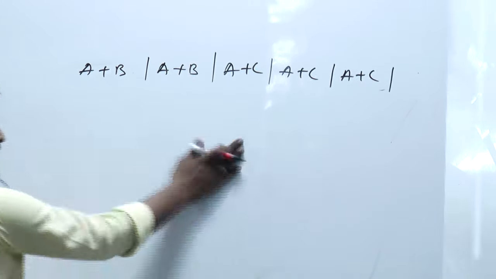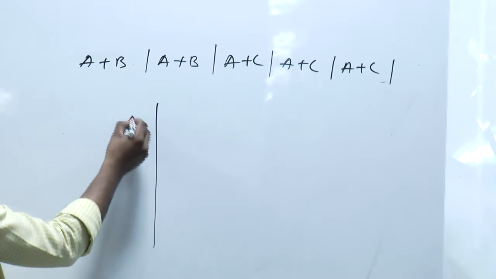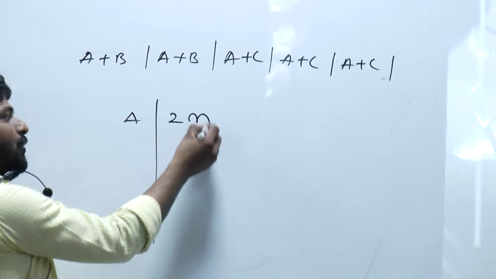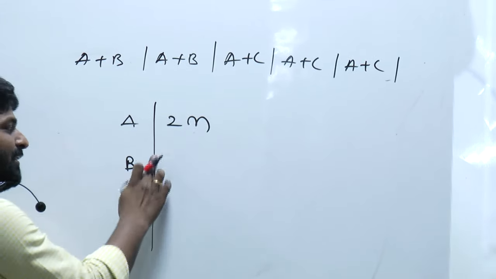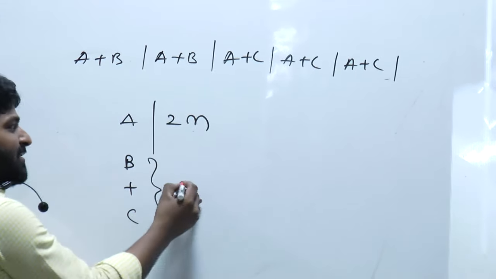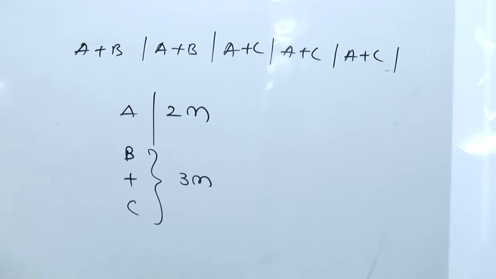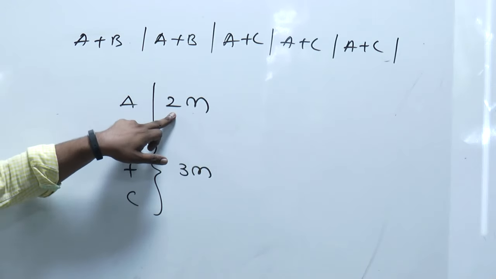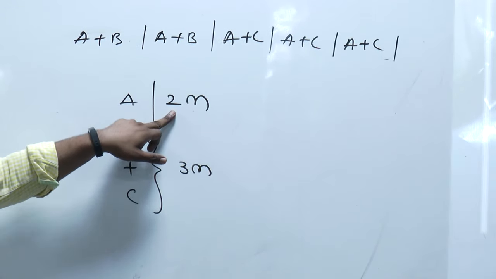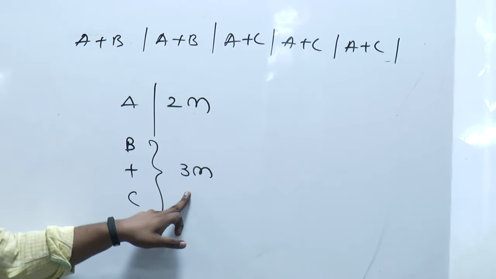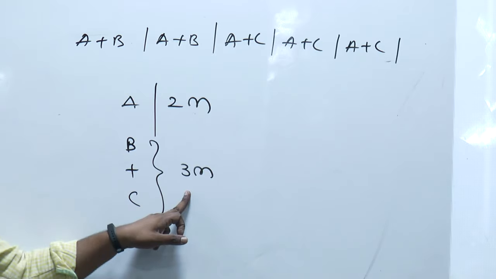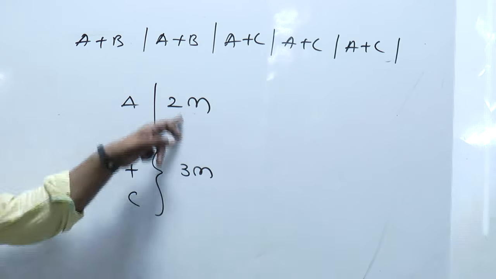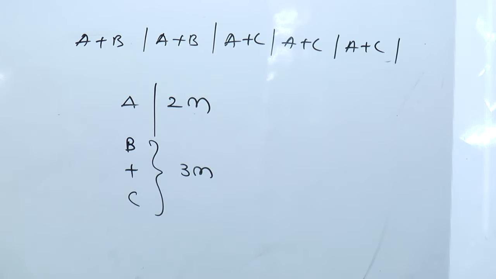In this sense, let me identify this as A does 2 men work, B and C together does 3 men work. Thrice the efficiency of A is equal to twice the combined efficiency of B and C. Satisfied? Right. 2:3 ratio. This is about efficiency.